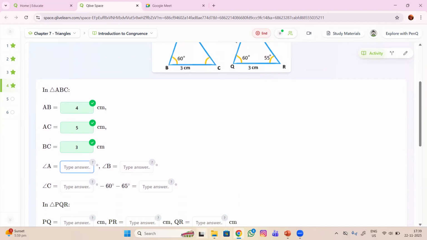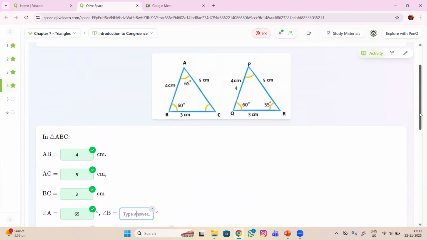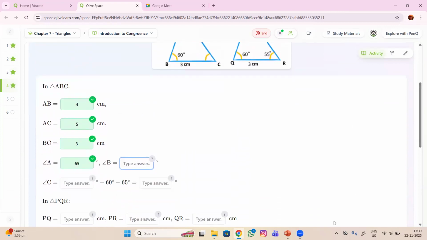Very good. And angle B, what is angle B? Angle B is 60. Very good. And angle C, how can we find out angle C? Very good. Subtracting from 180, we get the answer 55.